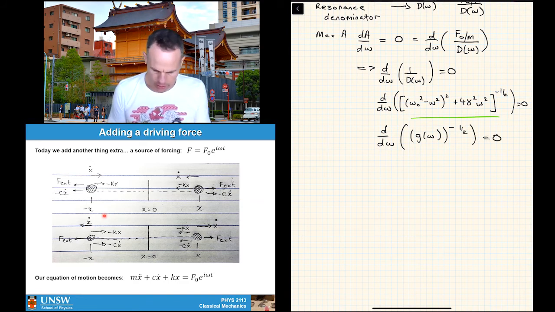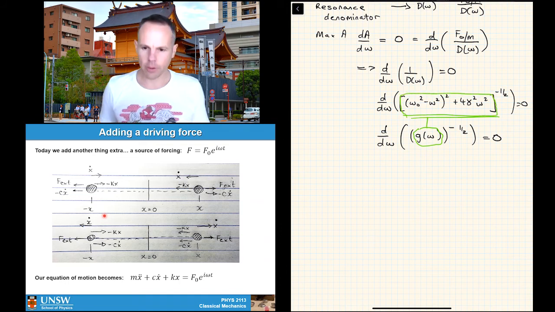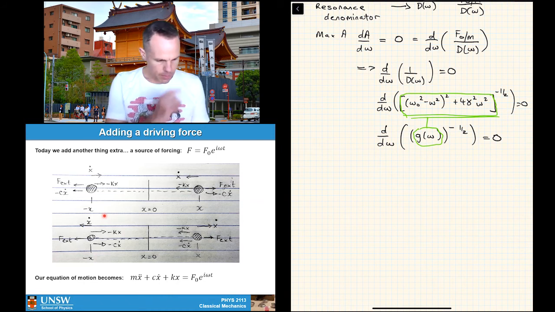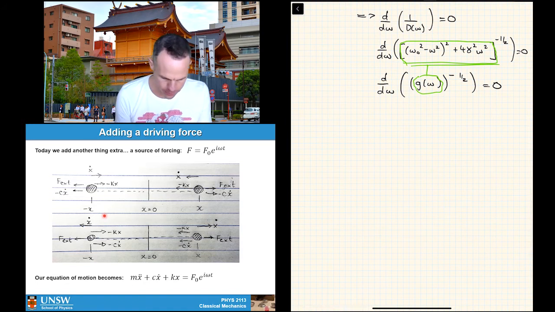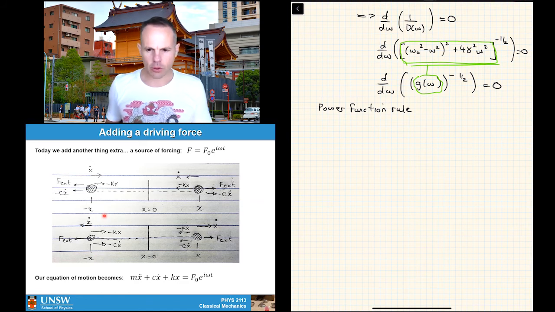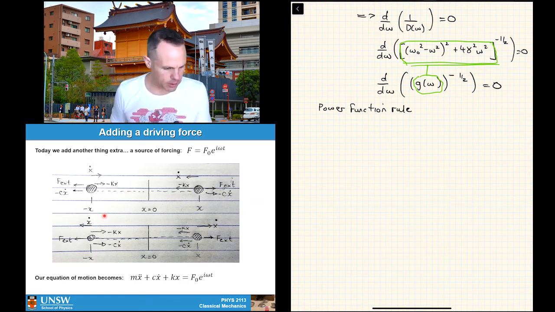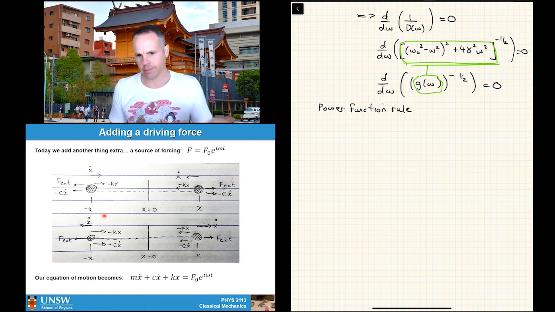And so this g of omega here is basically just this bit inside the square brackets, all right? And I'm going to do this because of my power function rule, which you won't find in all the derivative tables. Some call it this, some don't. I like it. It's one of my favorite rules to keep. And again, it's one of those things I had in my book, and that's why I can always go look it up.